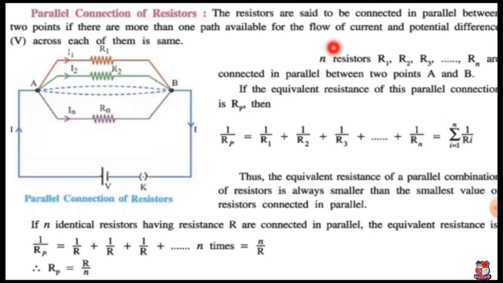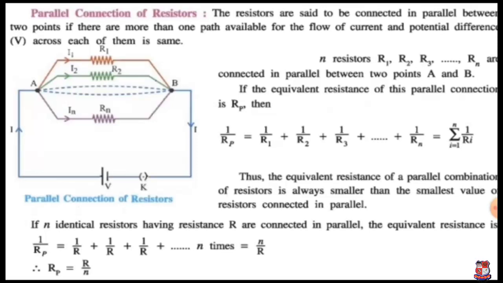So when n resistors R1, R2, R3 up to Rn are connected in parallel between 2 points A and B, in order to identify the equivalent resistance of this parallel connection, suppose we consider it as Rp, because we have to use the subscript to distinguish between series and parallel connections. So Rs for the series, Rp for the parallel.